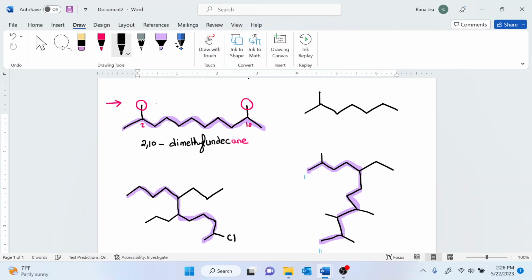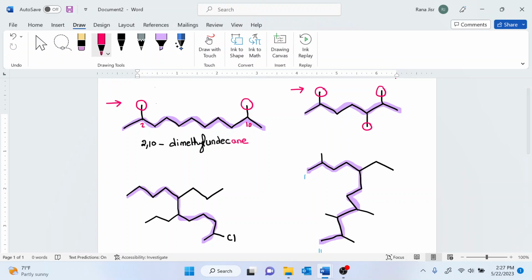If I have a methyl here and a methyl there, and then I have another CH3 in here, okay? So in this case, I choose my longest carbon chain. Here you go. And circle the substituents. I have 3 substituents in here. So if I start numbering from this end, this methyl is going to be on carbon number 2.